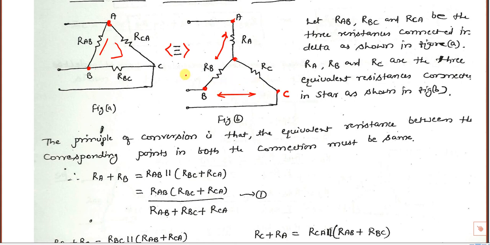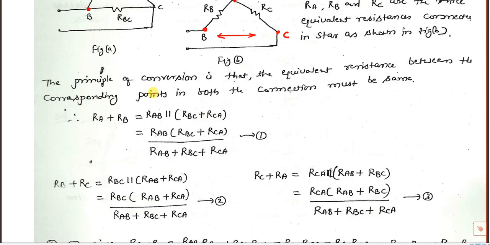So RB plus RC is equal to RBC parallel with RAB plus RCA. Similarly, for the branch between A and C, the star equivalent equals the delta equivalent. So RA plus RC is equal to RCA parallel with RAB plus RBC.